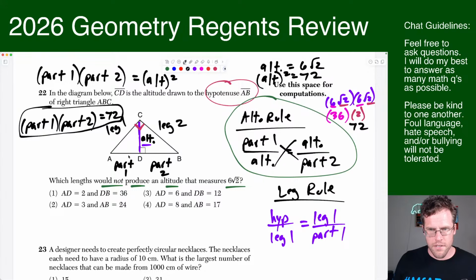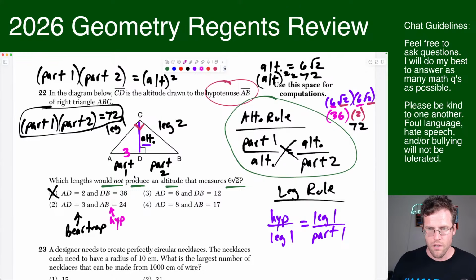AD and DB are part 1 and part 2. But be careful here, I'm going to point something out. This one works. Now, you might say, oh, 3 times 24 is 72, but bear trap over here. This one actually doesn't work, because see what they're doing? AD is part 1, which is 3, but AB is the hypotenuse.